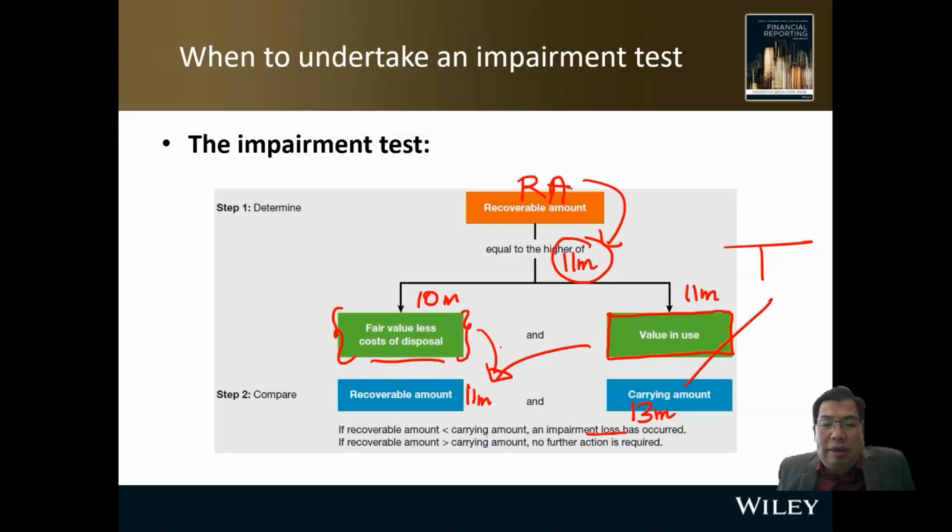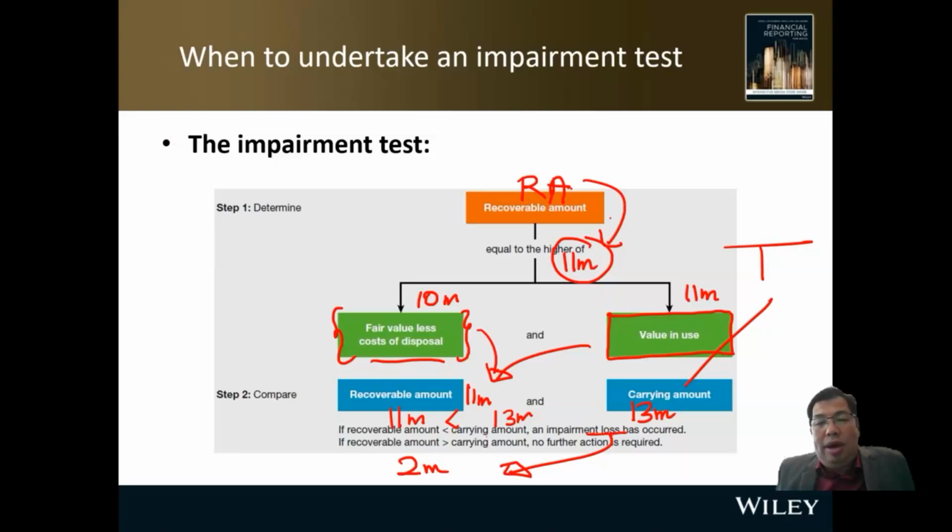So in this example, your recoverable amount is 11 million, whereas the carrying amount is 13 million. So there is impairment loss. How much is the impairment loss? 2 million. Okay. So this is a good example.